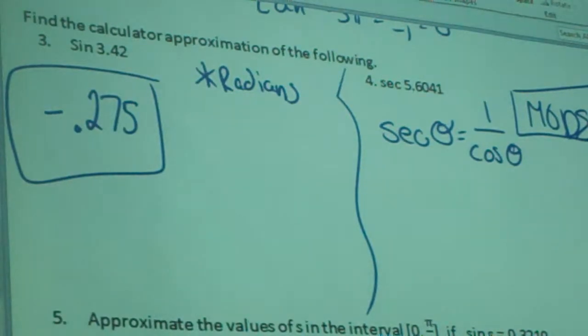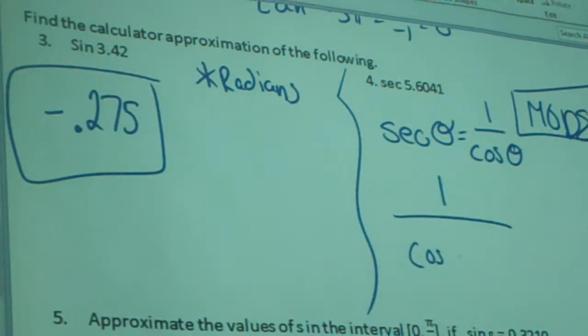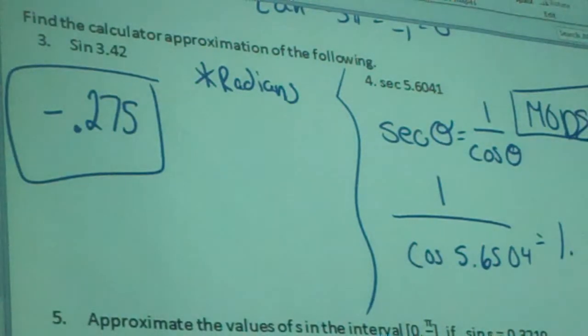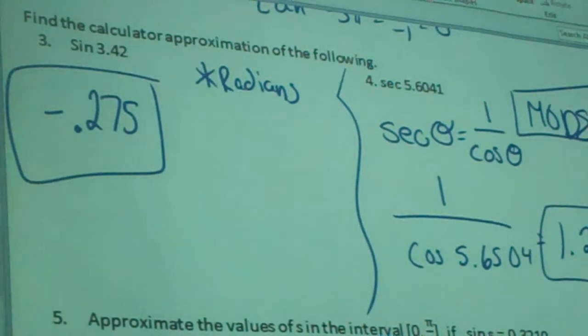So what you can do in your calculators now is just do 1 divided by cosine. 1.285. That's what I got. And what do you guys get? 1.2851.